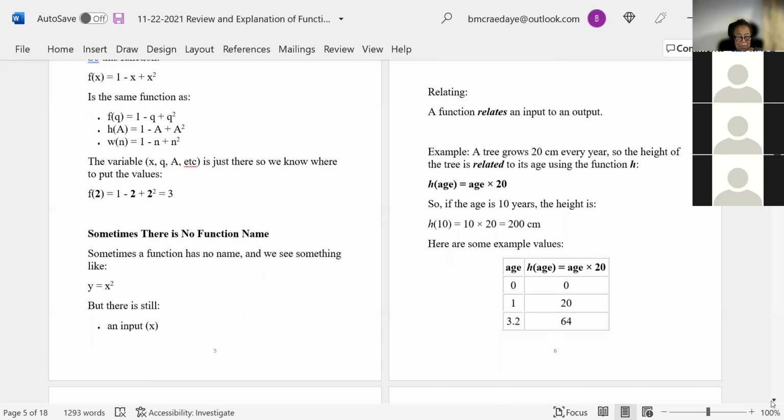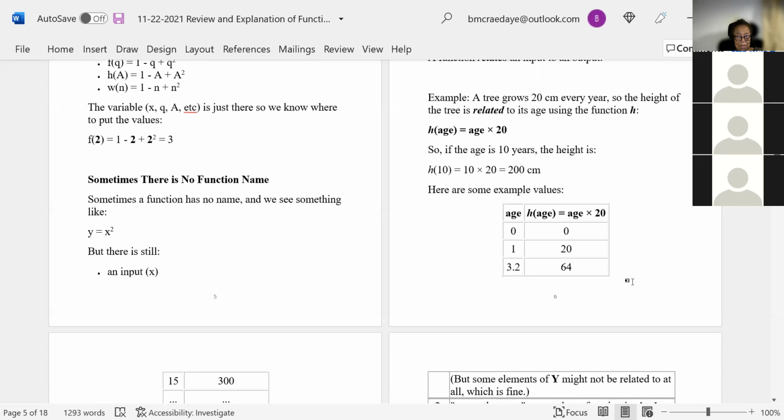There's the table, right? If the age is 3.2, you'd have 3.2 times 20, which is 64. If the age was 15, you'd have 15 times 20, and that would be 300.